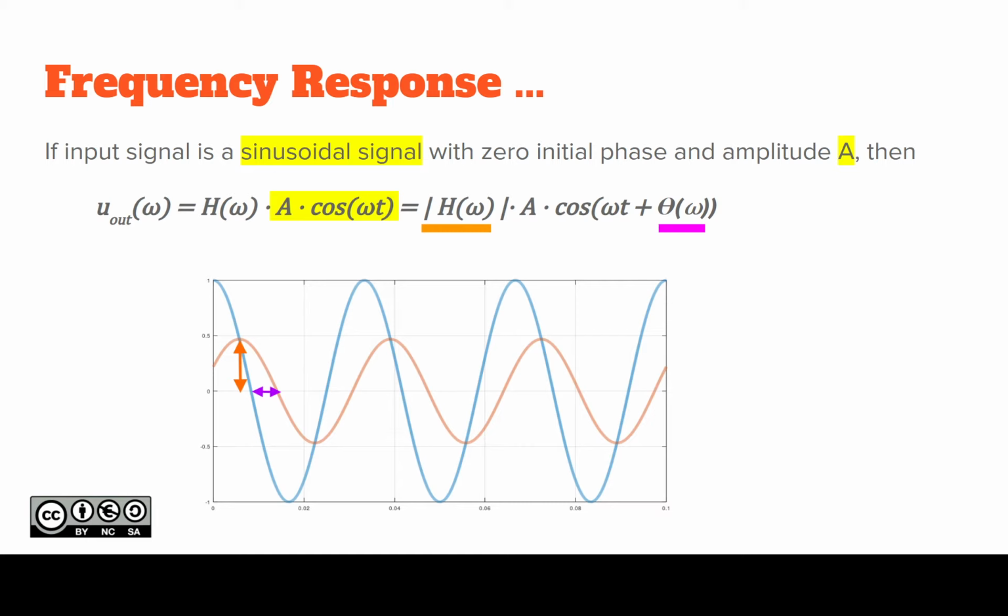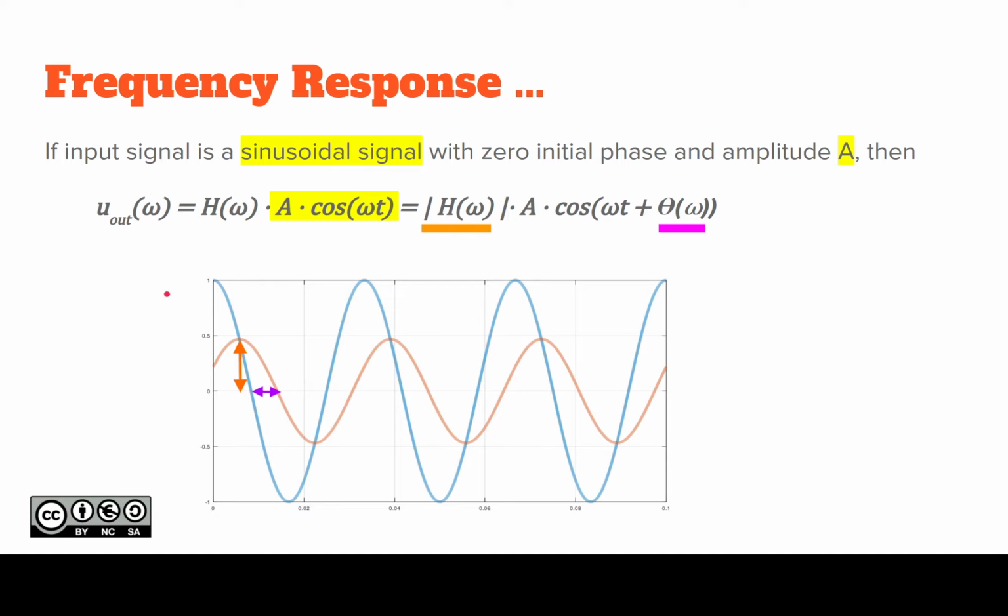This a little bit bothers me actually, that this output is a function of time. If the sinusoid is A times cosine of omega t, then of course the output is also a function of time and also the frequency. But anyways, you simply multiply that input sinusoid signal with that frequency response, a complex number. And you can divide it just like that.